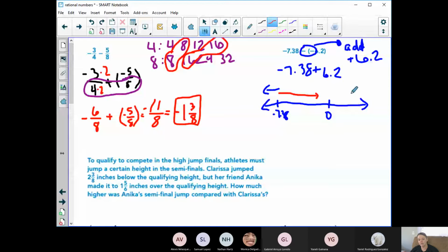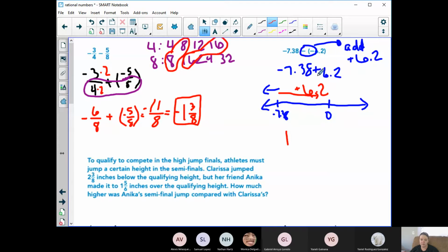To the left or to the right? Right. We're going to get more positive because we're adding a positive number. So we're actually going to go to the right towards 0. Okay. So if we add 6.2 here, I'm going to figure out the difference between these.